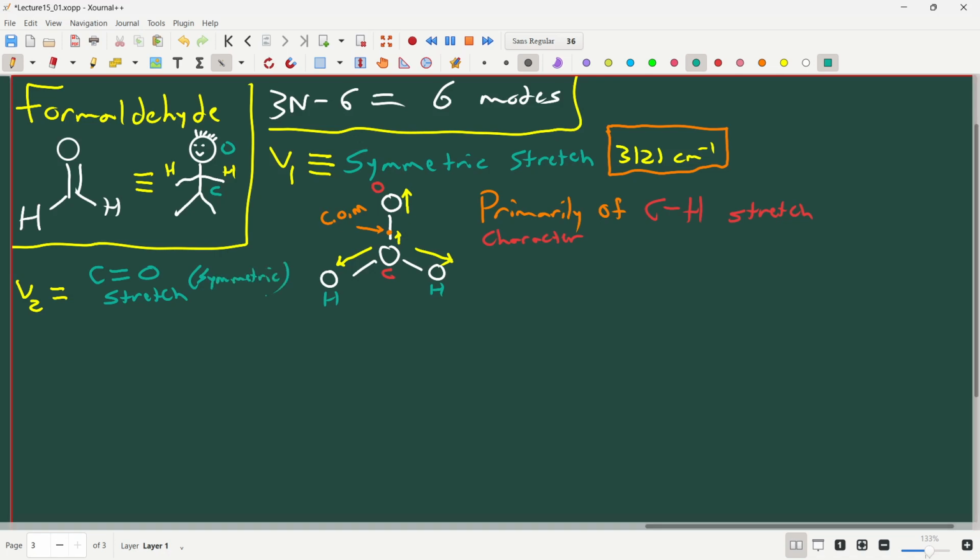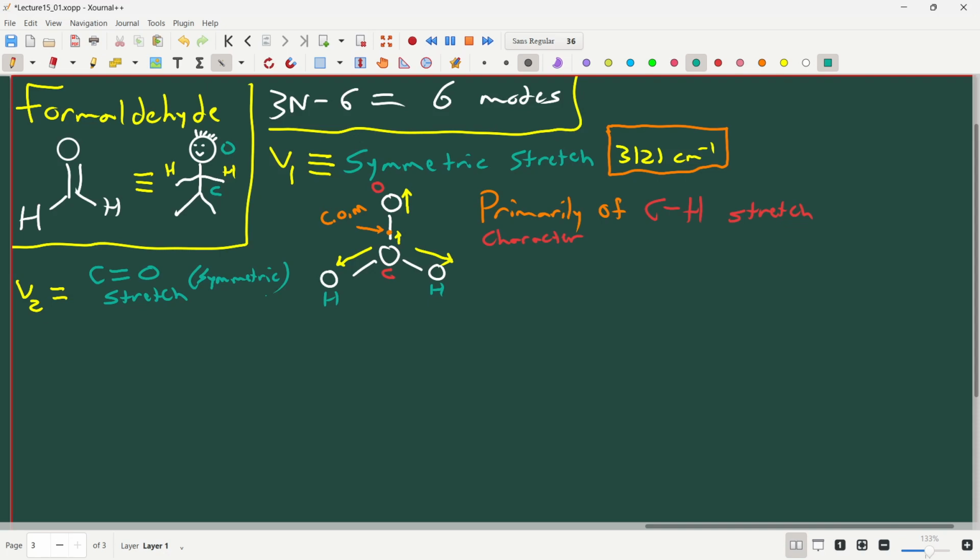This is the classic CO carbonyl stretch, which if you've ever taken an IR spectrum of a carbonyl molecule, there's usually a really giant, very, very intense narrow peak around 2,000, 2,200 wave numbers, something like that, that's associated with the stretch of the CO.